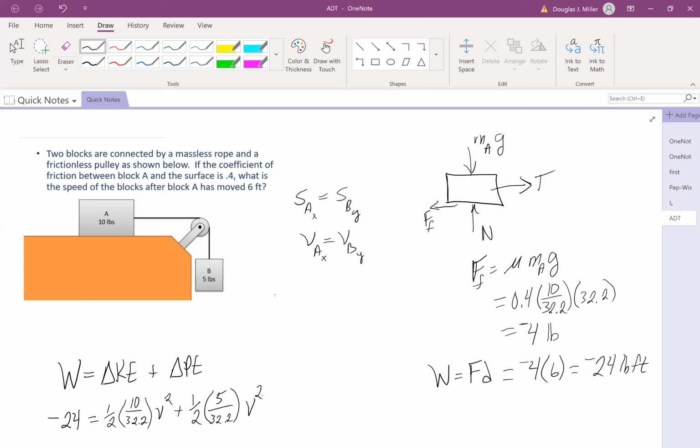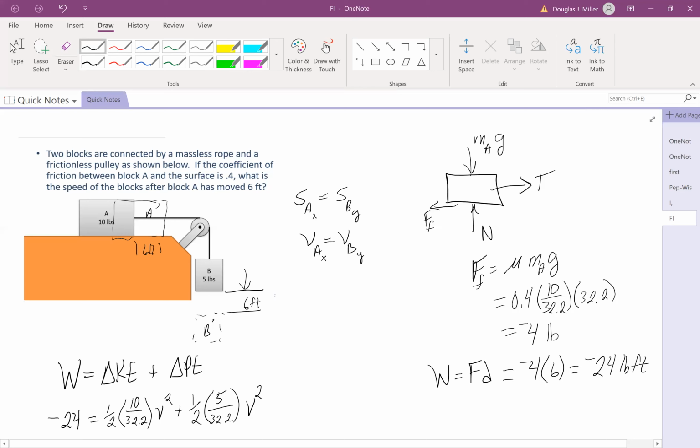Now, the change in potential energy is an aspect that if A is moving 6 feet, B must also drop 6 feet. We can call this a B prime, and we could also say that we have an A prime that has moved 6 feet.